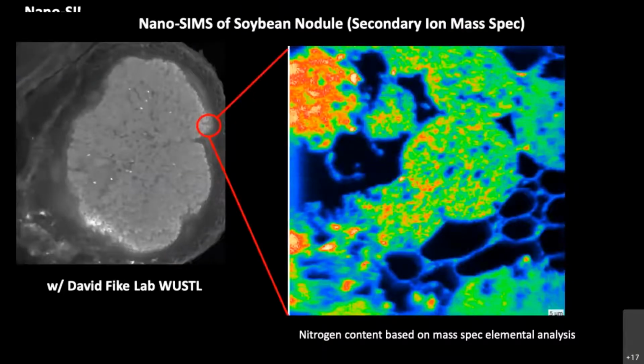We'd like to capture some functional information as well, not just structural. I showed you the PET data earlier. That's large scale data, but on a subcellular or cellular resolution, we've been working with a colleague, David Fike, who has a SIMS, a mass spec imaging method, and you can image the mass spec for any element you want, basically any chemical compound you want, any structure. Here we're just looking at nitrogen.